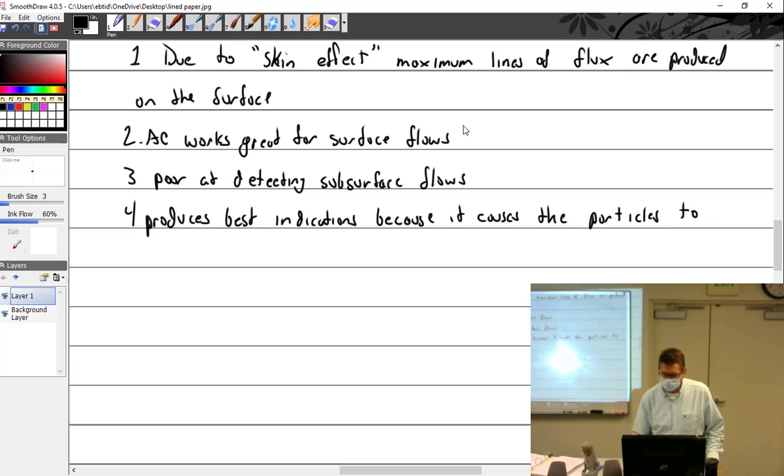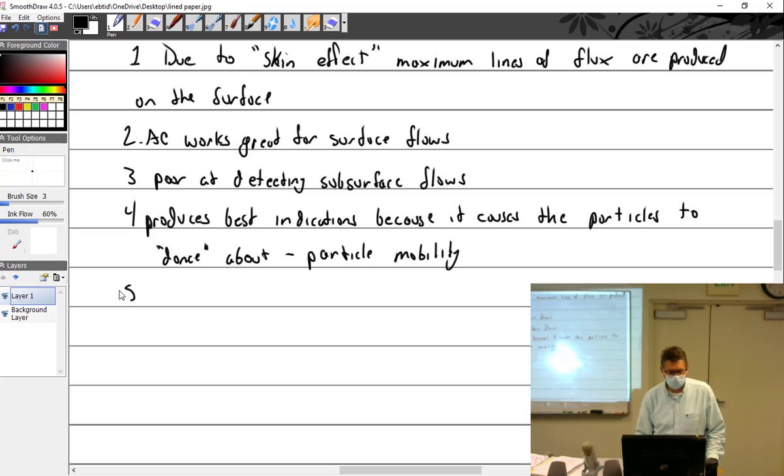Particles to, we'll say, dance. I don't know if it's like a line dance or whatever. They call that particle mobility. I think line dance is perfect. Particle mobility. I'll get in the line. It's true.